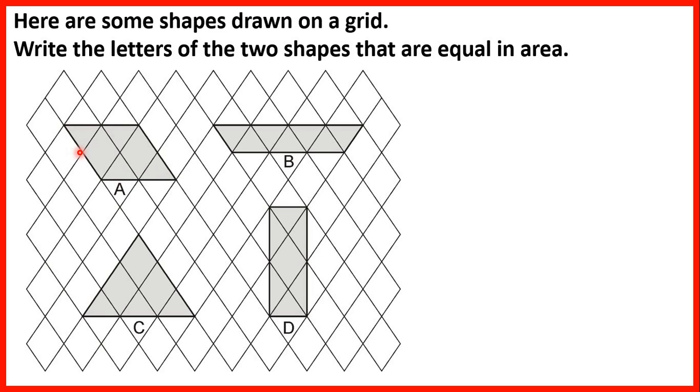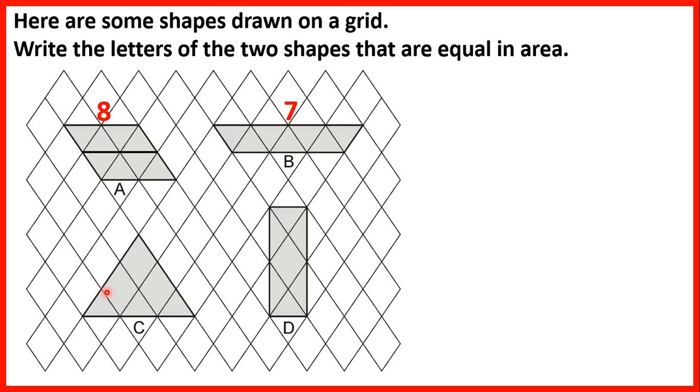So what's easier is to split all of our rhombuses in half so that all of these parts of the shape are the same size, and then we can see that we've got 8 half rhombuses or 8 triangles altogether in shape A. Now in shape B we can count 7 triangles.